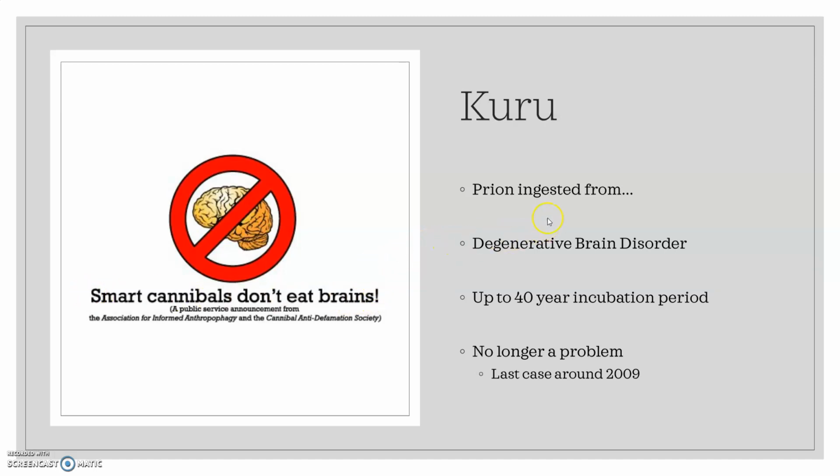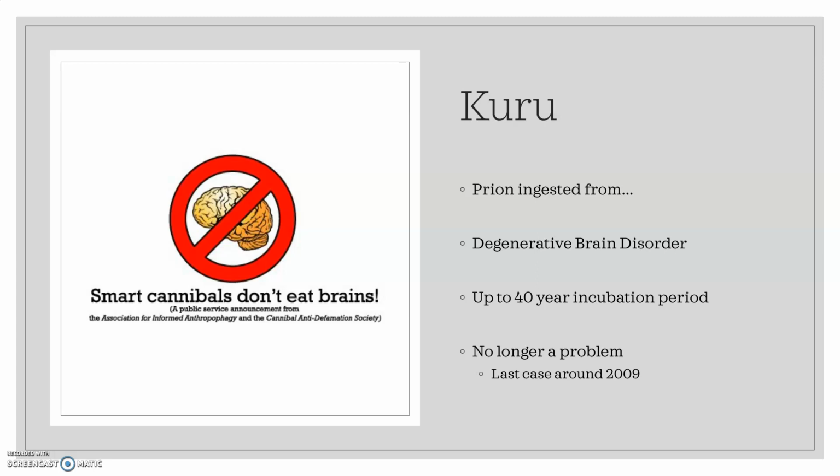So what happened, you have this prion, you eat it, and you have the disorder. It's up to a 40-year or so incubation period for Kuru, and Kuru means, I think, shaking, because this particular version would cause you to have convulsions and shake, and eventually the brain gets disordered and you die.